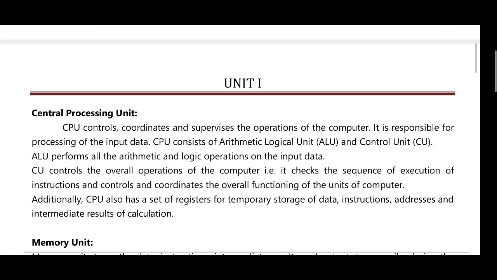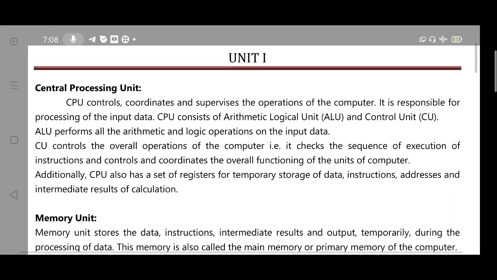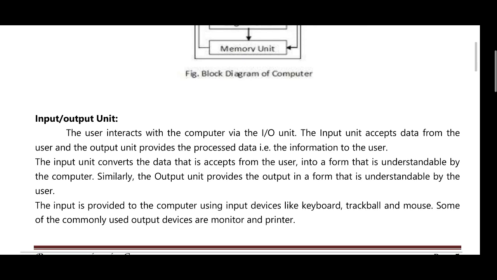And the central processing unit, the CPU, controls and coordinates. In the input unit, the user interacts with the input unit. The input unit accepts the data from the user and provides the processed data, the information, to the user.